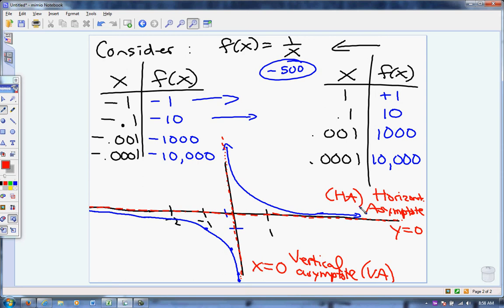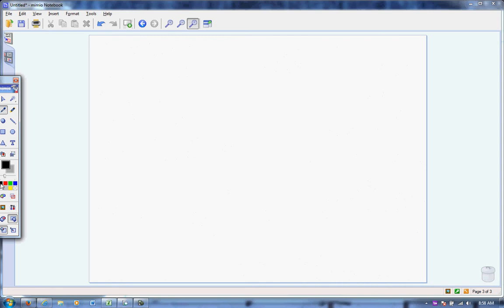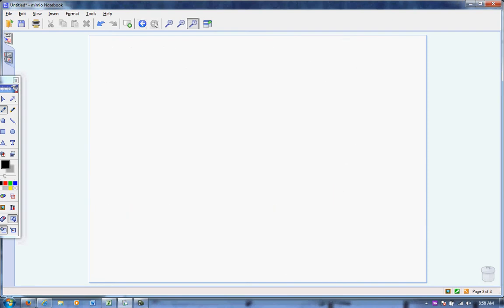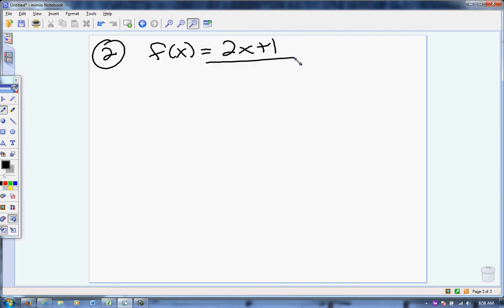All right? Now, this is just the beginning of rational functions. These things can look all kinds of different ways. Let's look at another one. If we call this one number 1, let's look at number 2. How about f of x equals 2x plus 1 over x plus 1?